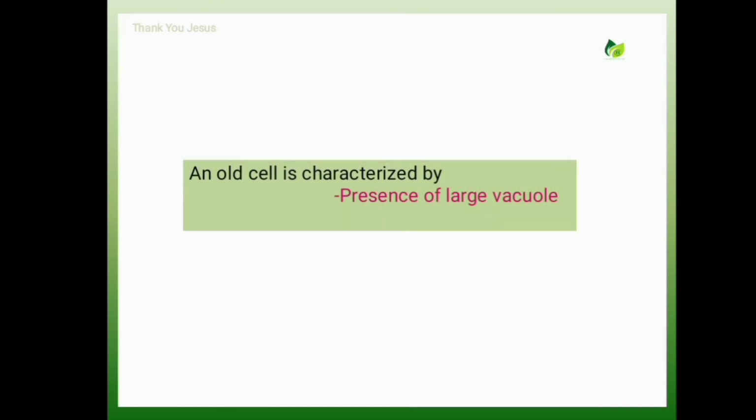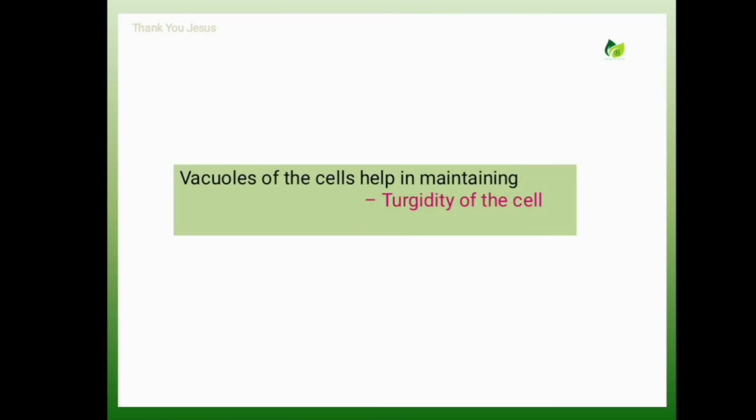Next question. An old cell is characterized by? Answer is presence of a large vacuole. Next question. Vacuoles of the cells help in maintaining? Answer is turgidity of the cell. So actually the vacuole maintains an acidic internal pH inside the cell.